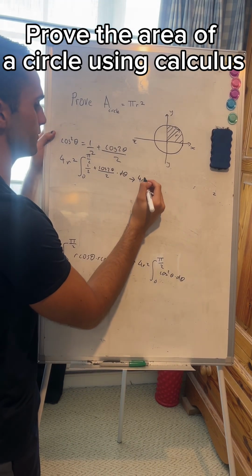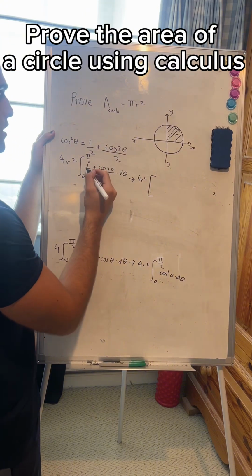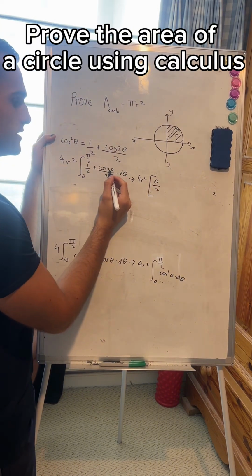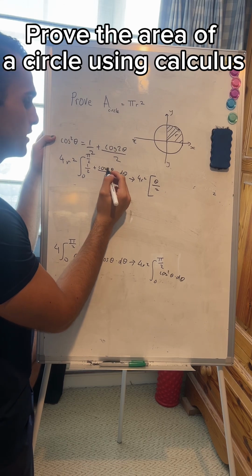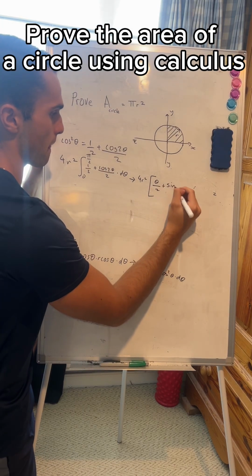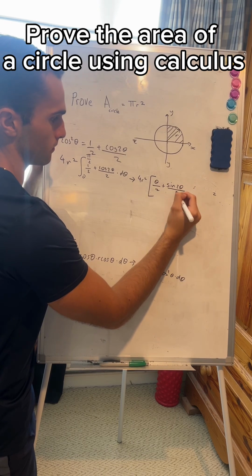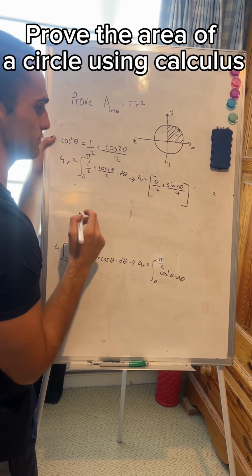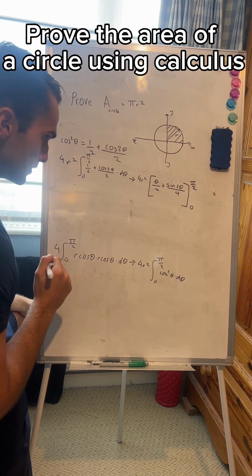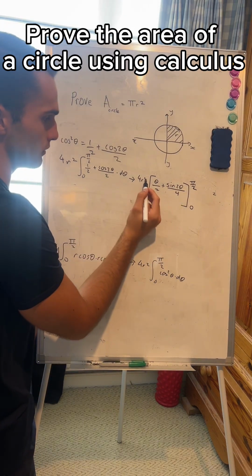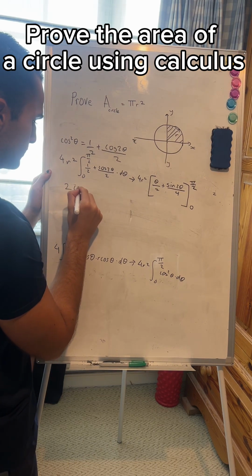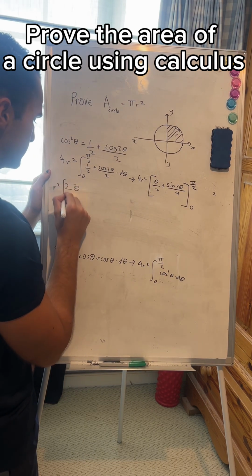So now this is 4r squared lots of: a half goes to theta over 2, and cos 2 theta goes to sine 2 theta, divided by 2, so over 4. Now we can simplify this, between 0 and pi over 2. 4 divides through by 2, so that's going to go to 2 theta, leaving the r squared on the outside.